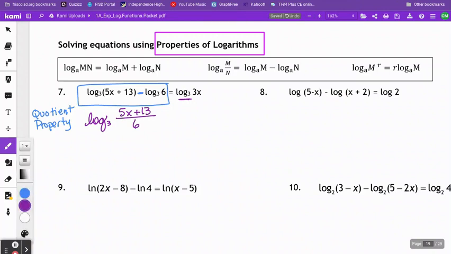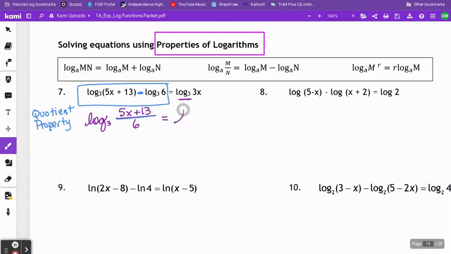That's because the property states that if two logs with the same base are subtracted from one another, we can put them together as division under one log. So now I've condensed those two logs into one.